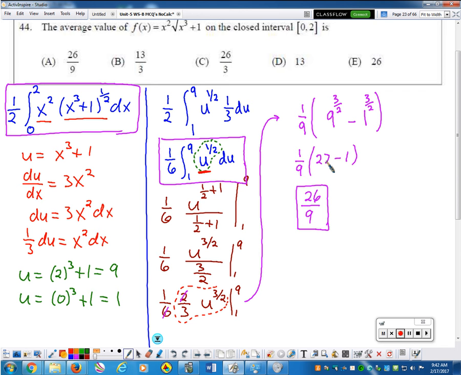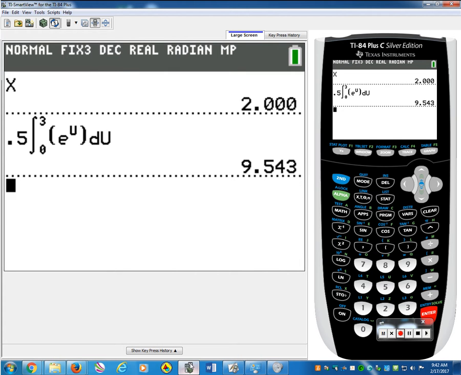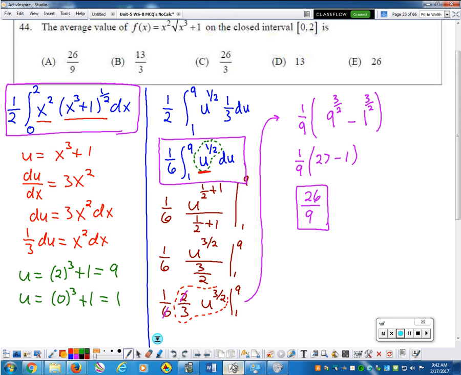Be careful how you enter it. I'm not going to have my calculator on the test, so how do I know? You did get 27 on the calculator, right? Yeah. Got it.